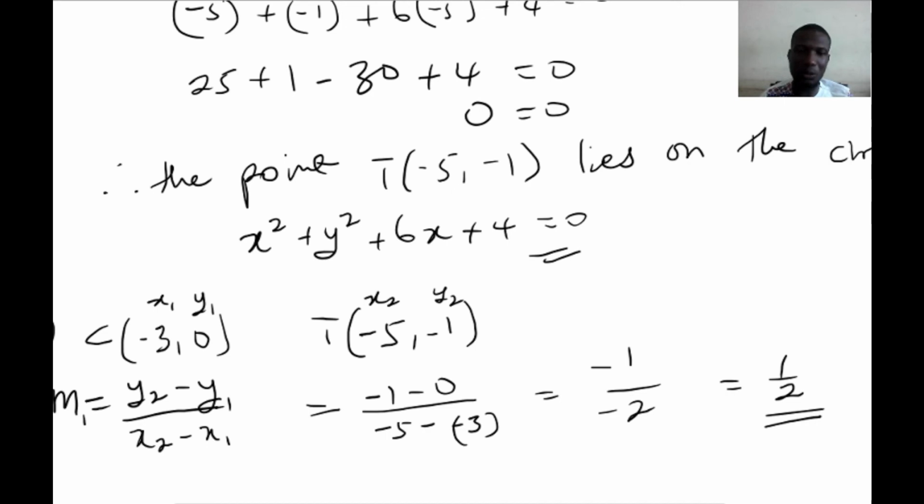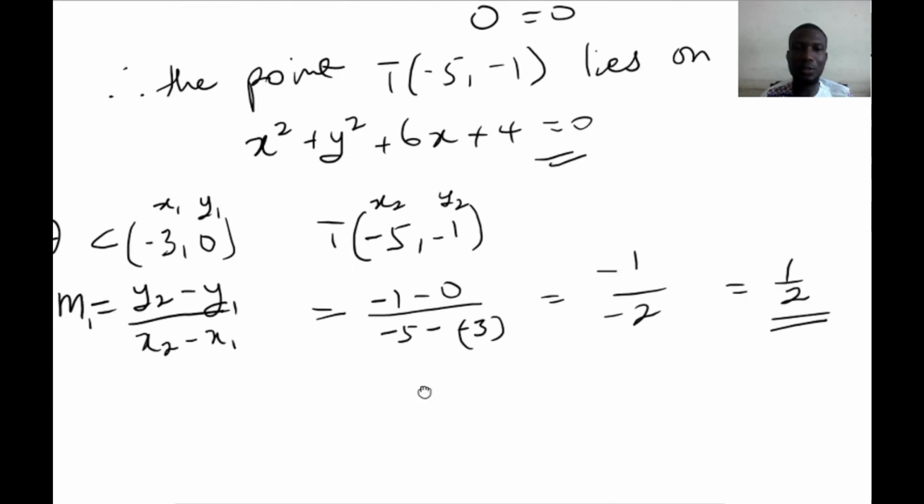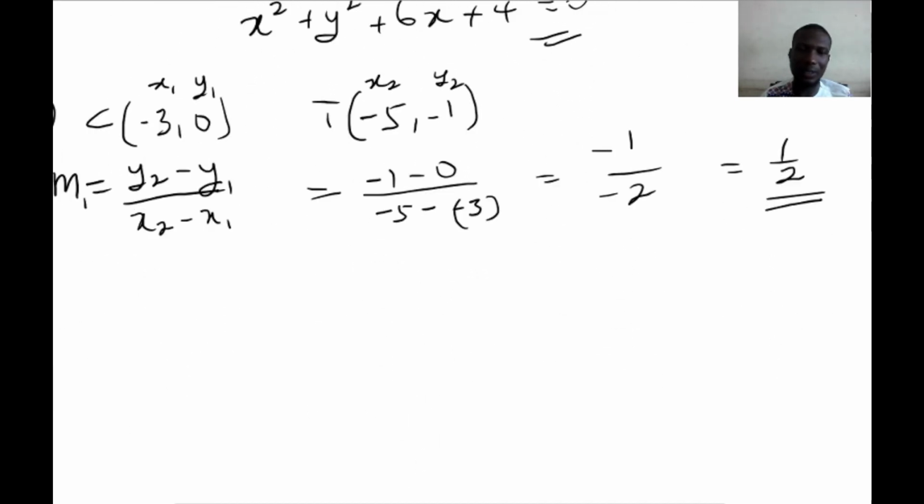Then the question says we should go ahead and use this to find the gradient of the tangent to the circle. And from our point, we said that if the gradient of the tangent to the circle is m2, then m2 will be equal to negative 1 over m1. So that's just what we are going to do.